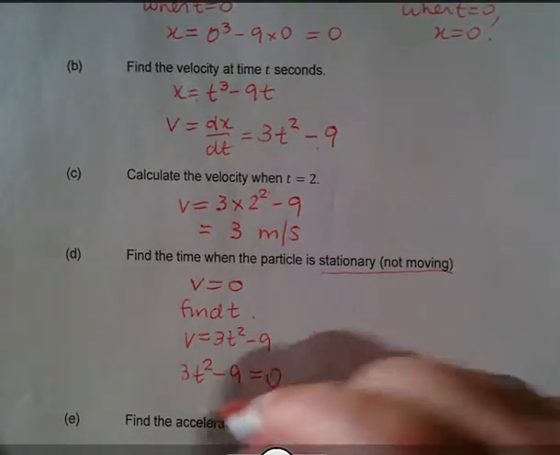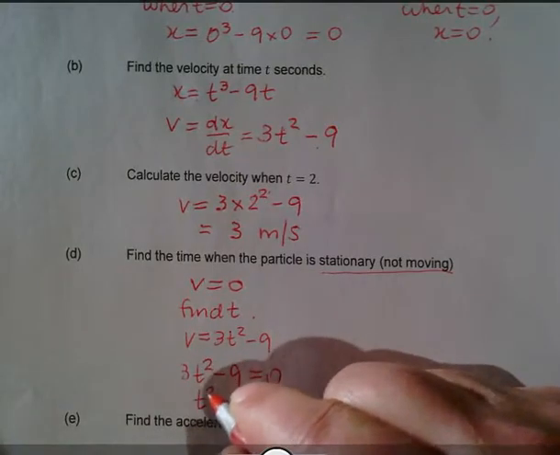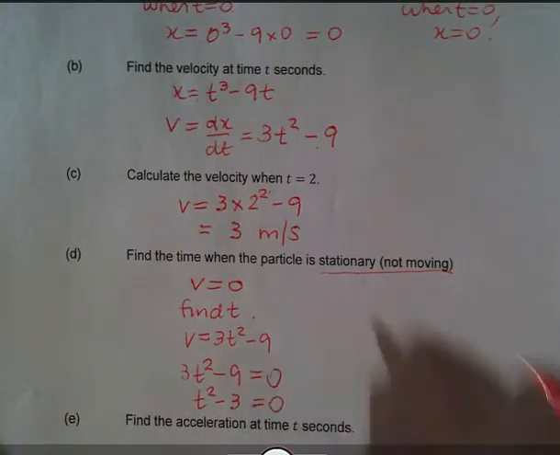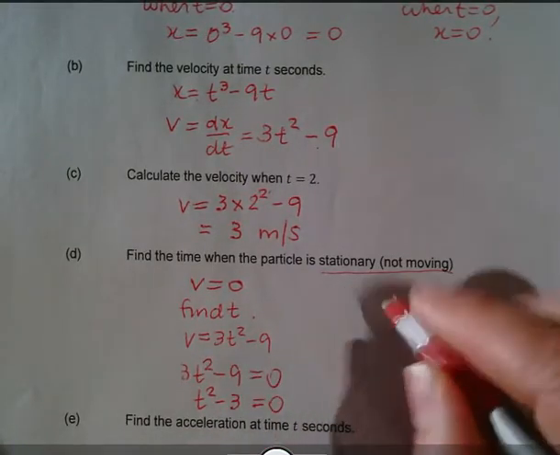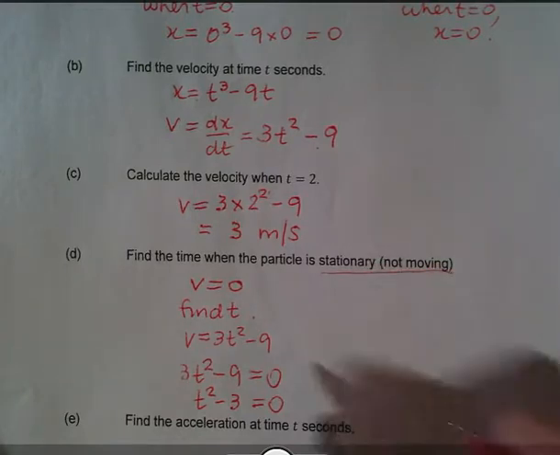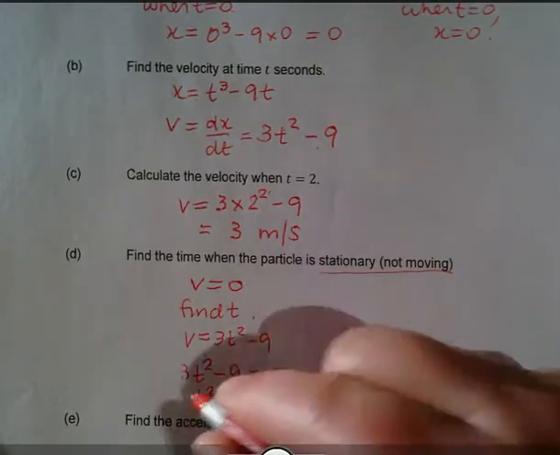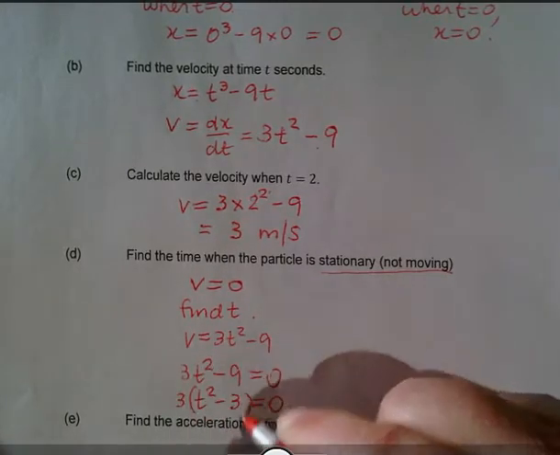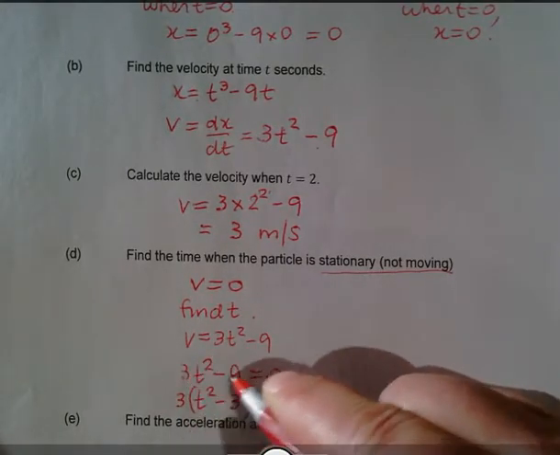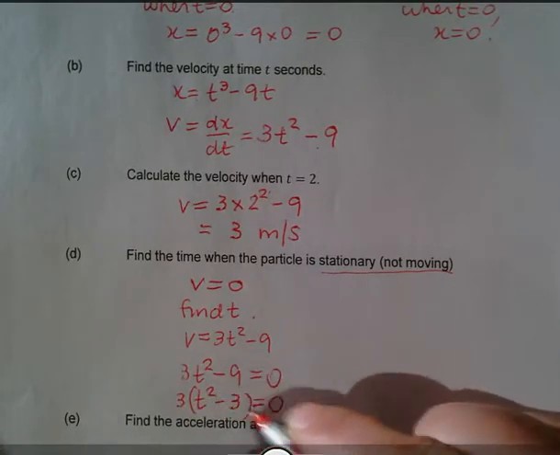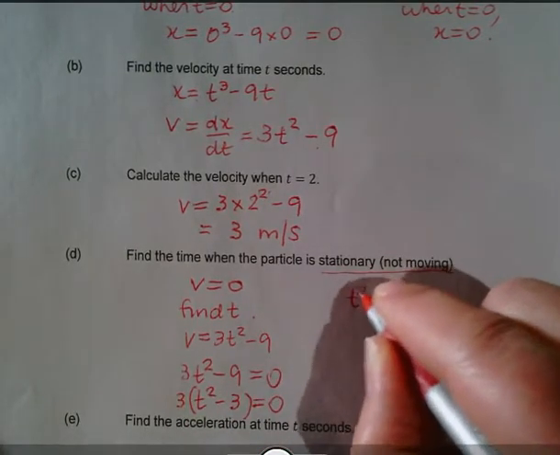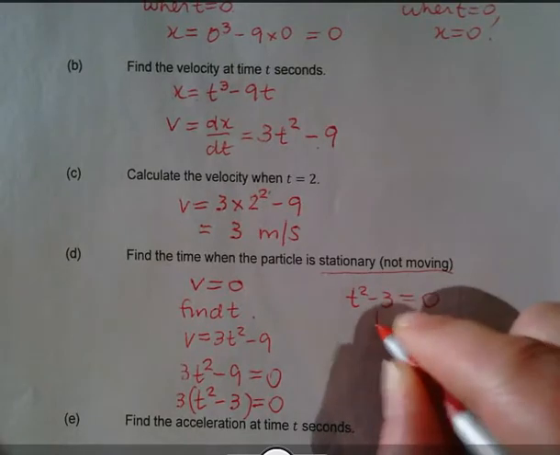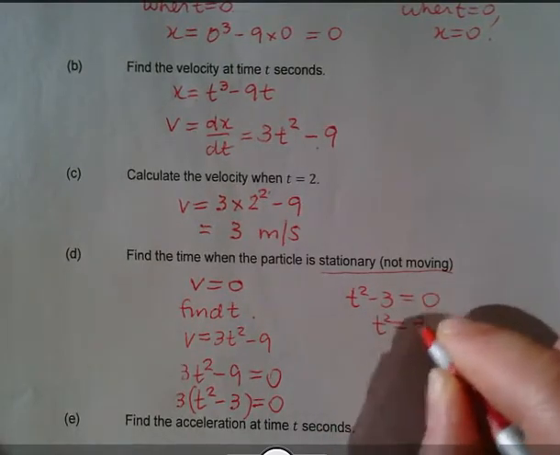I can divide everything by 3, and I get t squared minus 3 is 0. Or I could have just factorized as well, okay? So I could have taken out 3 as a common factor, 3 bracket t squared minus 3 is 0. So I end up with t squared minus 3 is 0, so t squared is 3.